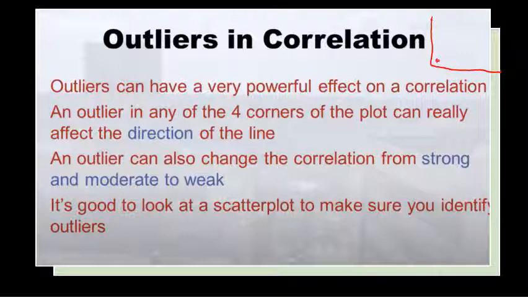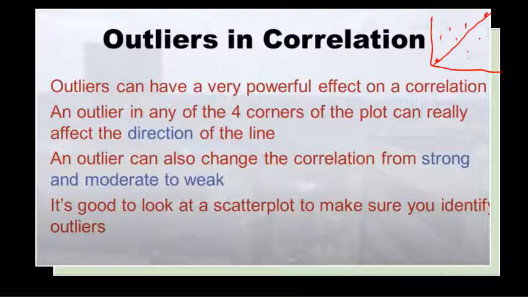So if you have an outlier here, and then the rest of your scatter plot is kind of like this, this whole mess doesn't even look like much of a correlation. But given that you have these outliers over here, you would draw it like that and say it's a positive weak correlation just because of that.